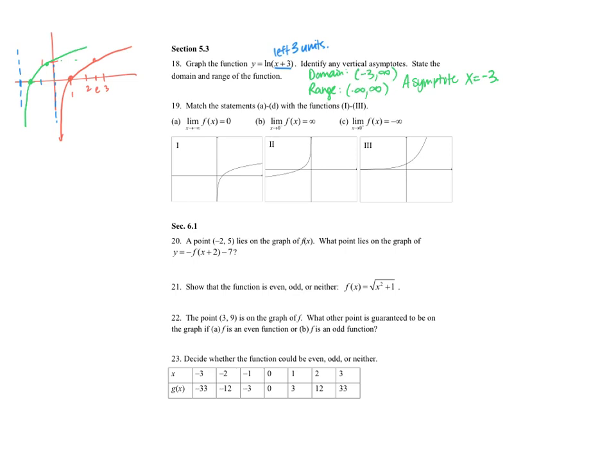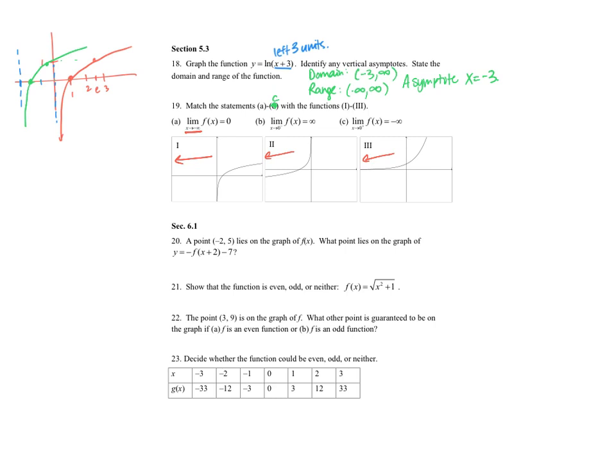Alright, so the next one, I'm looking for matching statements A through C, since there are only 3, to these functions. The first one I want to look at is the limit as x goes to -infinity. So I'm looking at this portion of the graph as x goes to -infinity. What's happening to my y values?